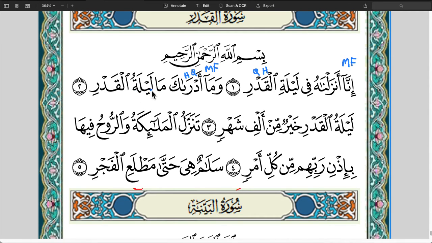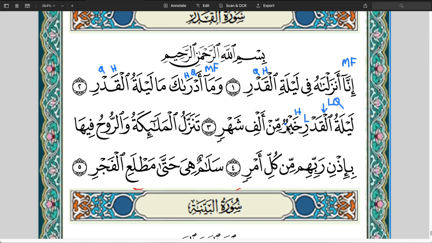ما لي, this is Leen. ليلة القدر, heavy again, قلقلة rule here. We have this lam is lam قمرية, clear. خير, this ra is light, right. خير, heavy.